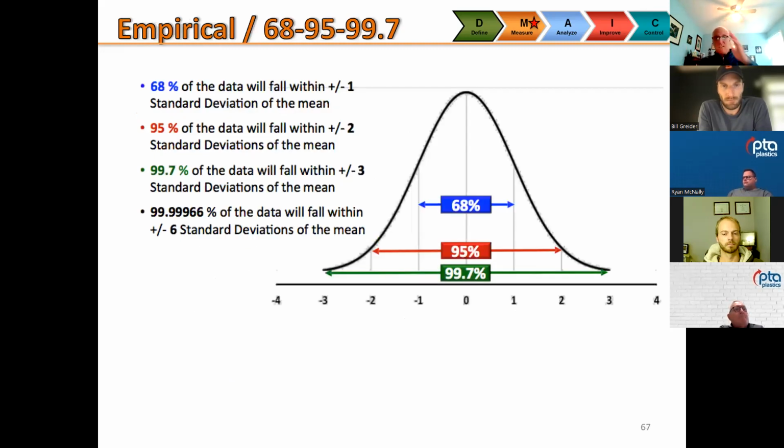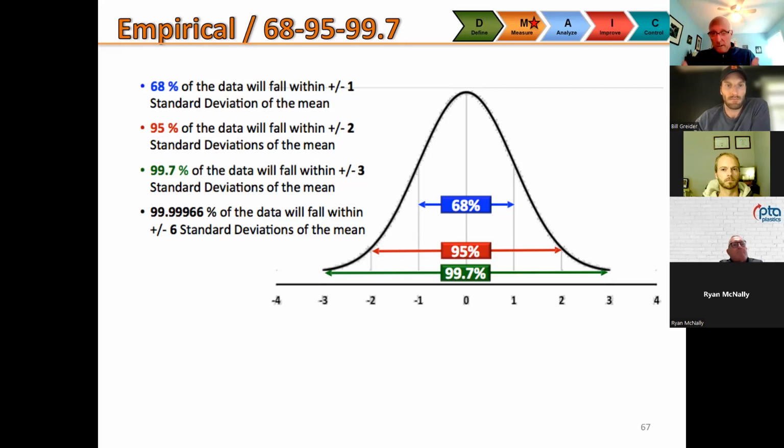Here's the beautiful part, guys, of the normal distribution: once I have a bell-shaped curve, and the central limit theorem tells me that if I want to approach a bell-shaped curve, go get more data, because I don't have enough. So I know that 68% of the data, once I have a bell-shaped curve, is going to fall within plus or minus 1 standard deviation of the mean. That goes for my weight too. 68% of those 750 weighings are going to fall within 1 standard deviation.